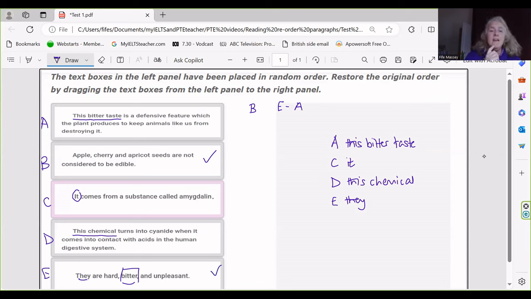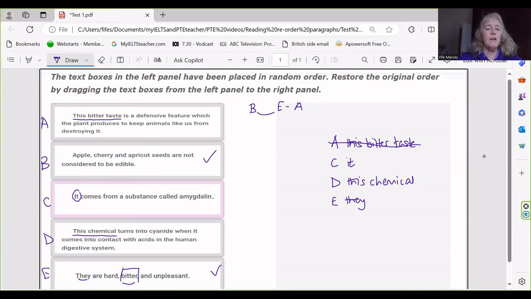Okay. Now, what else have I got? This bitter taste is now gone. What have we got? They. E is they. They are hard, bitter, and unpleasant. Okay, it's obviously not going to be A because I've used that one. E, they, there's no reference to they and their. D, this chemical, there's no reference to they. So now I'm saying, hang on a second, doesn't it go BE?